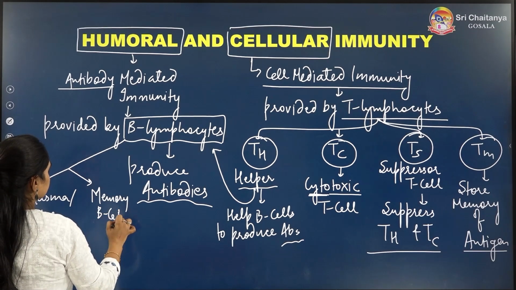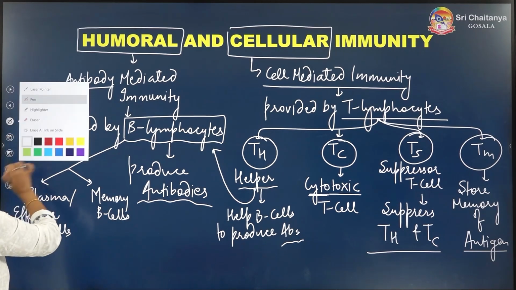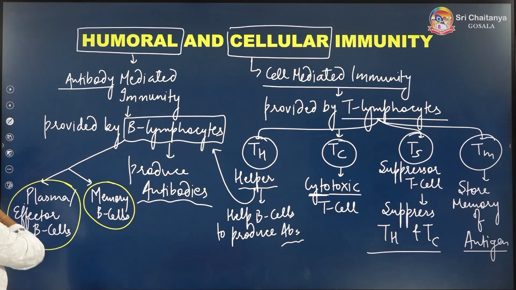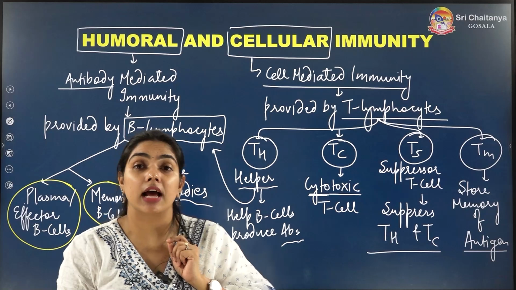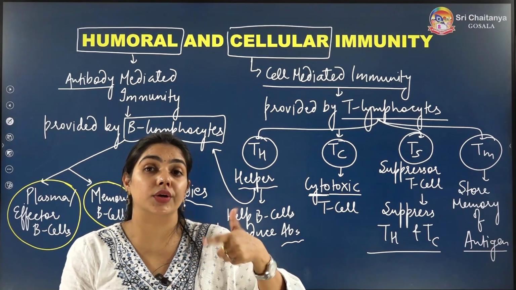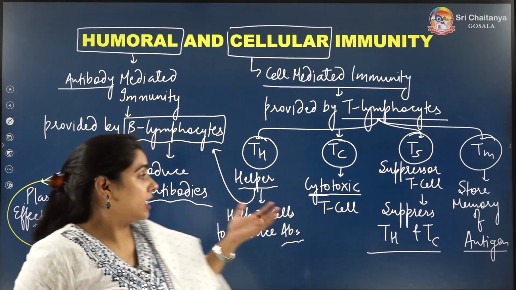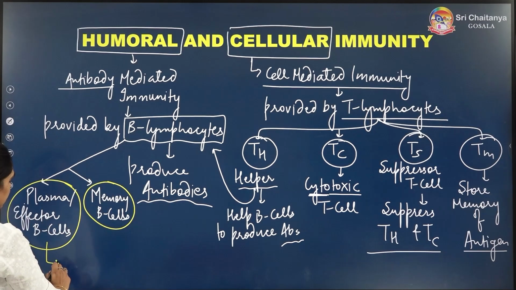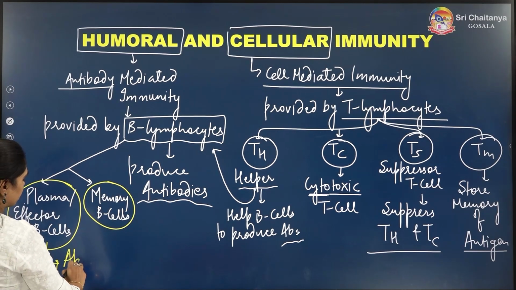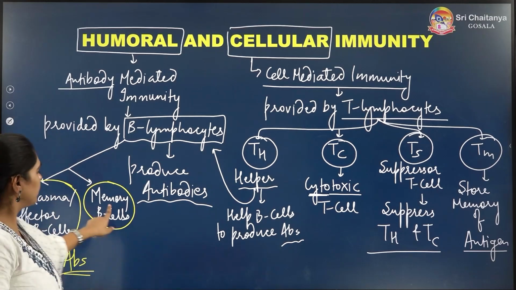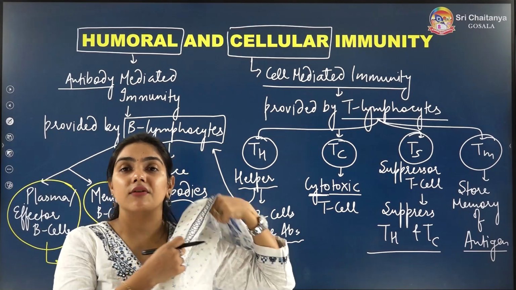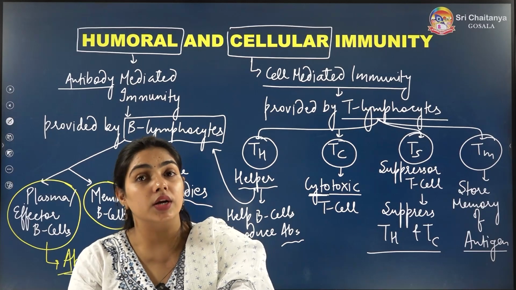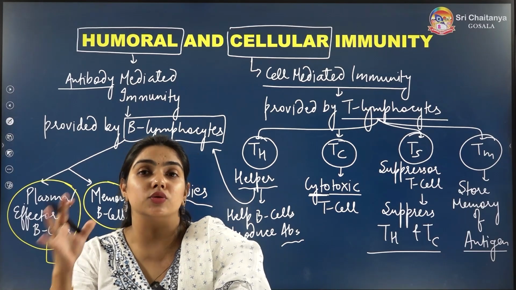So there are two types of B cells: memory B cells and plasma or effector B cells. If somebody asks you which among these are going to produce antibodies, antibodies are produced by plasma B cells. But memory B cells will do the same function as memory T cells. They are going to store the memory of the pathogen.